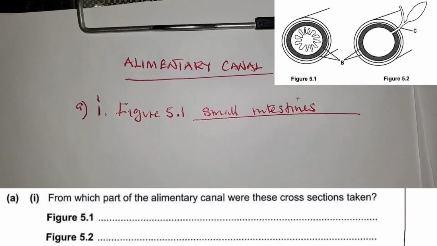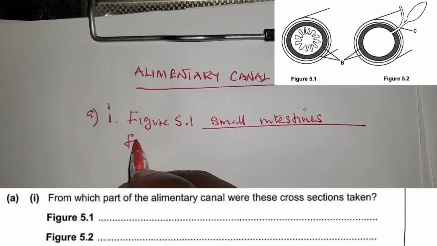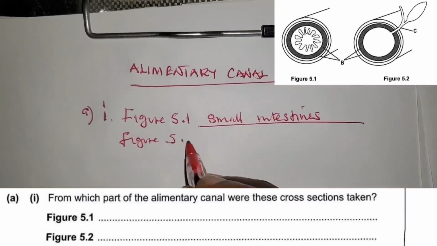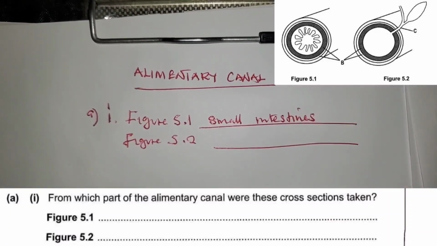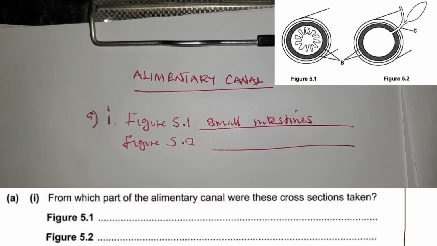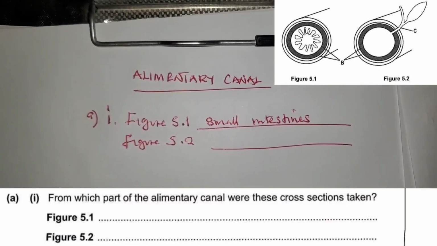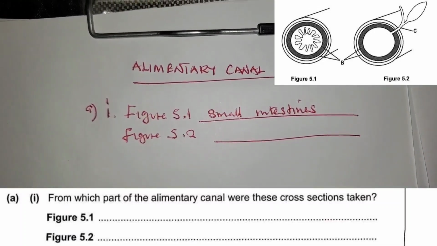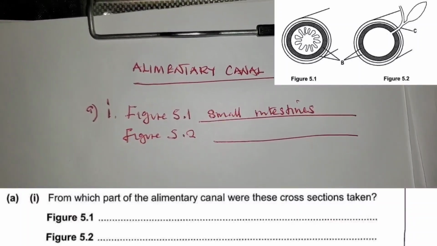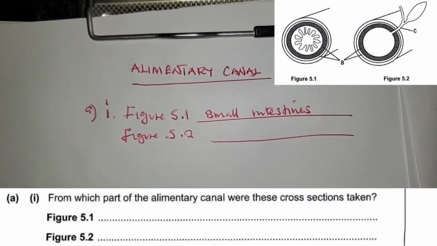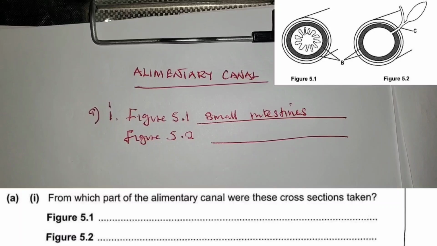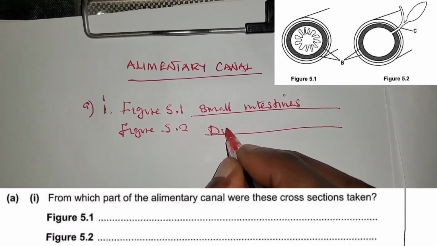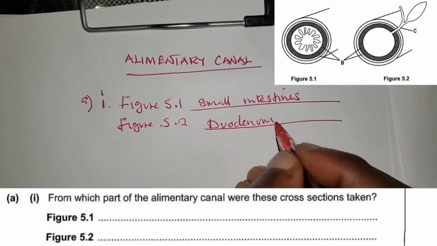And figure 5.2 has that structure which is the pancreas and the duct. So how we can know that this one is figure 5.2, the section is the duodenum, is because of the pancreas. So it is the duodenum.